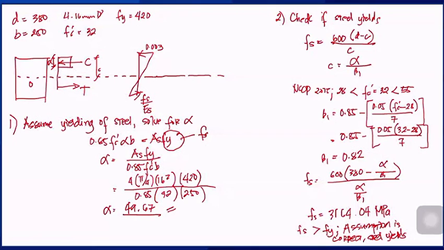Okay, so next step. Determine the type of failure, to know the value of your reduction factor. So epsilon s, that is equals to 0.003 (d minus c) over c.